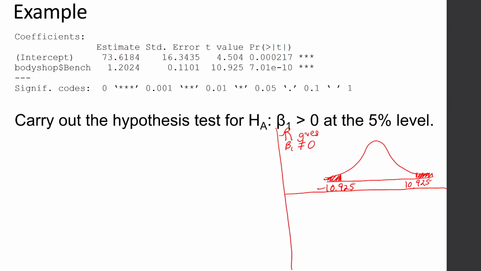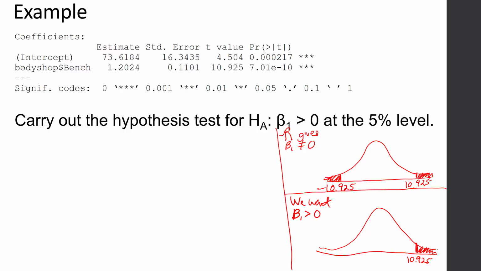Okay? But we want the p-value for the alternative that beta 1 is bigger than 0. So how do we get a p-value for the greater than alternative hypothesis? Well, we plunk down our test statistic and we go in the direction of the alternative, which here is greater than, to the right. So we just want that area.